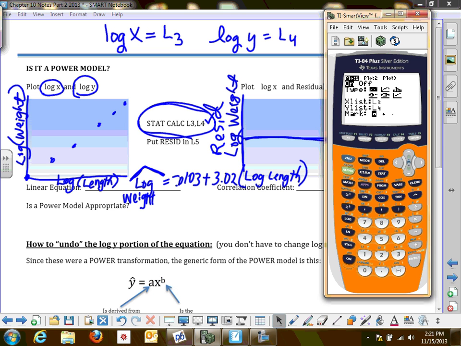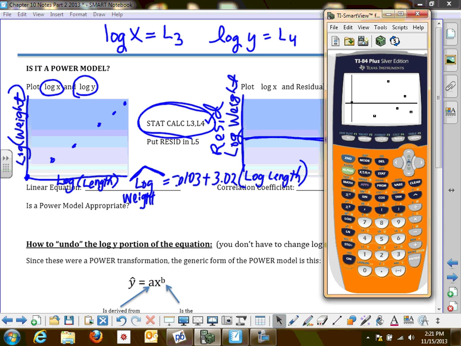The X list is remaining L3, and my residuals are in L5. So then I look at that. Here we go. Ta-da! And so that is what you got. So much better. This is nice scatter. We've had a very good R value, 0.998.